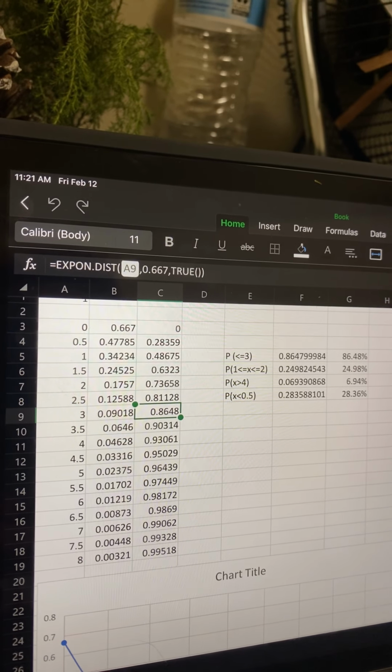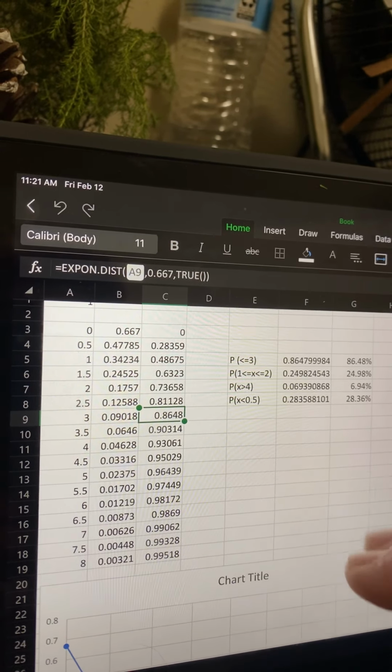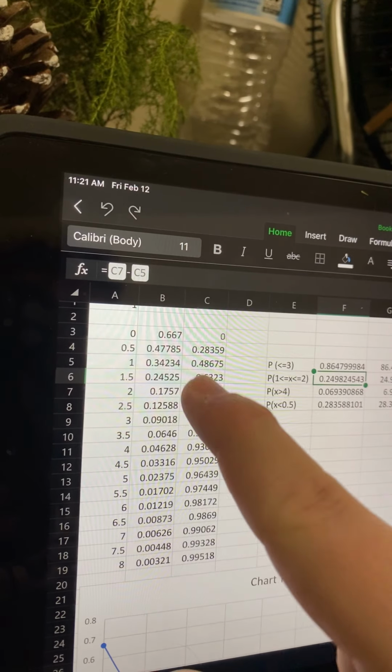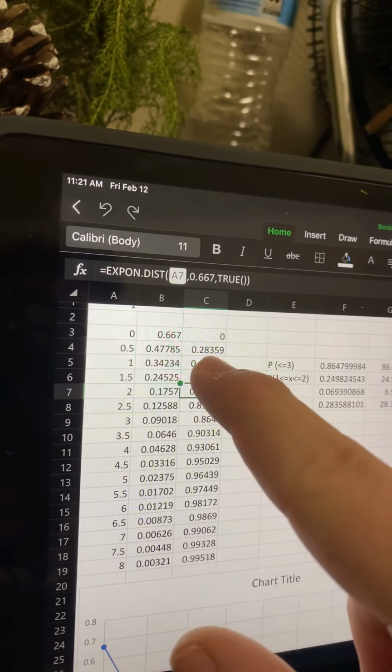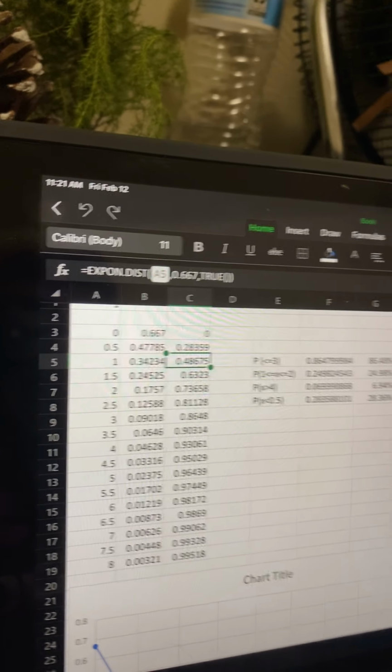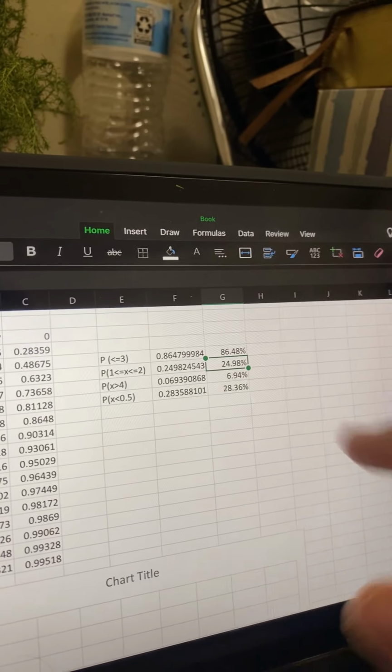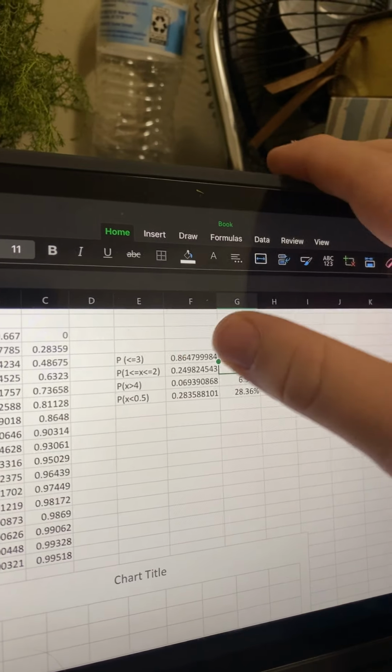I don't know if that's right. Probably not. To get between 1 and 2 minutes, I did C7 minus C5, which is 2 minutes minus 1 minute, and I ended up getting 0.249, which is about 25%.